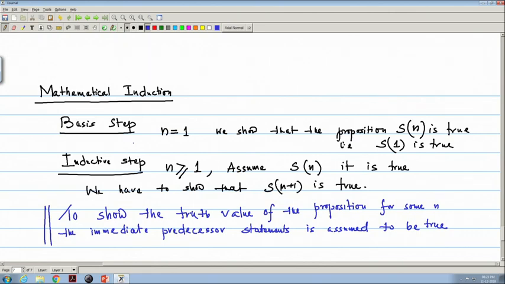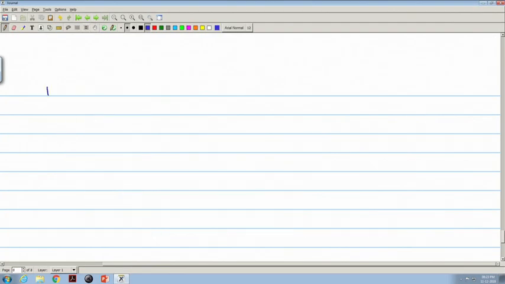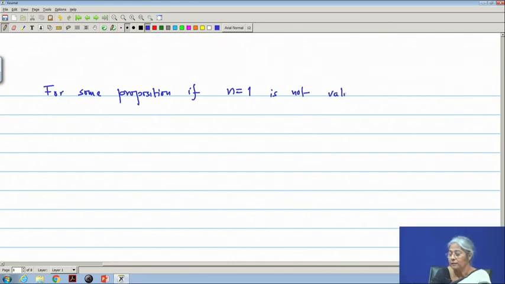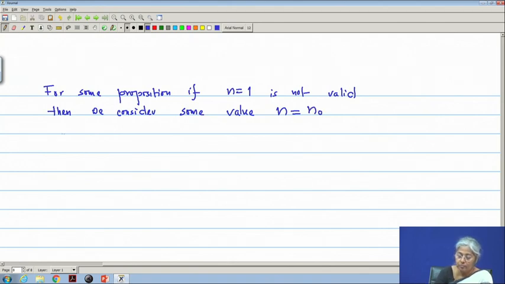Now, if for some proposition n equal to 1 is not valid, that means there does not exist any result for it, then we consider some value n0, n equal to n0, and we show that S n0 is true.